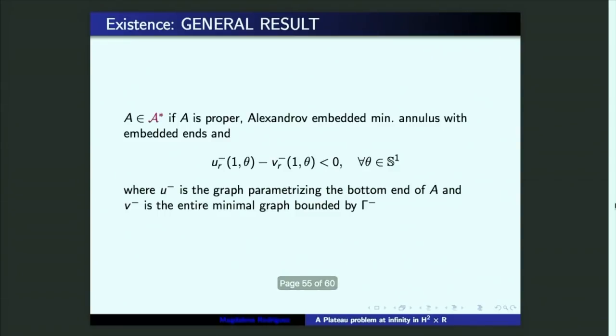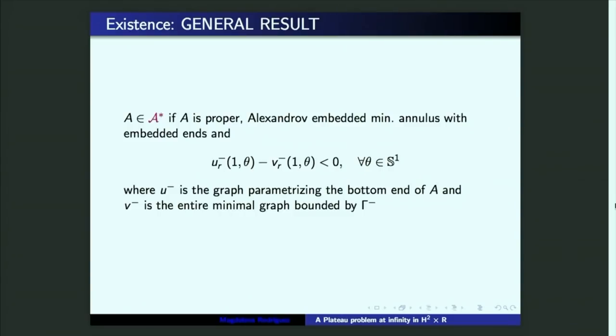We are not able to fix both boundary curves, but by deforming the problem, as I'm going to explain, what we are able to say is that if you give me two Jordan curves projecting graphically, we are going to construct an annulus whose boundary downstairs is the fixed one, and the second one upstairs is going to be a deformation of the one you gave to me. At least it's better than nothing.